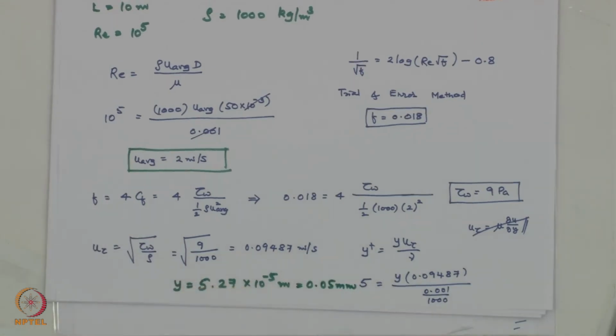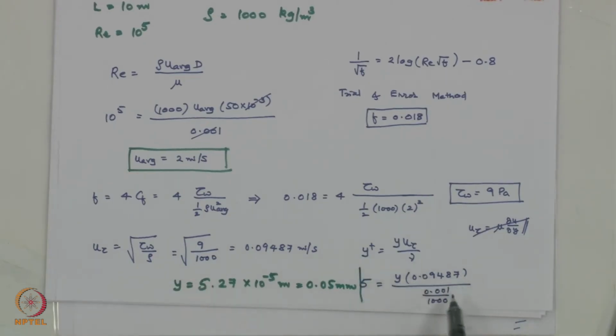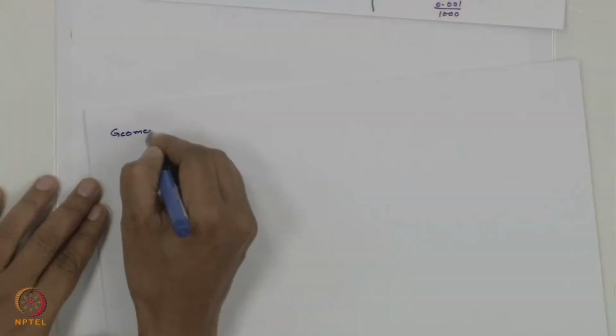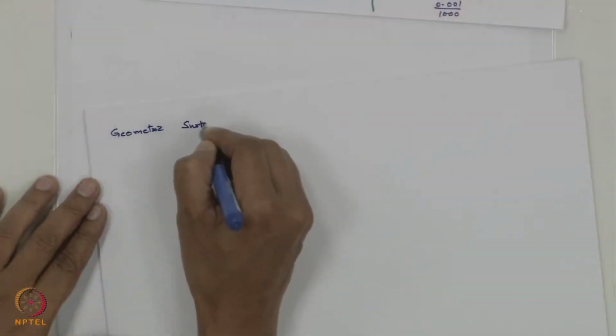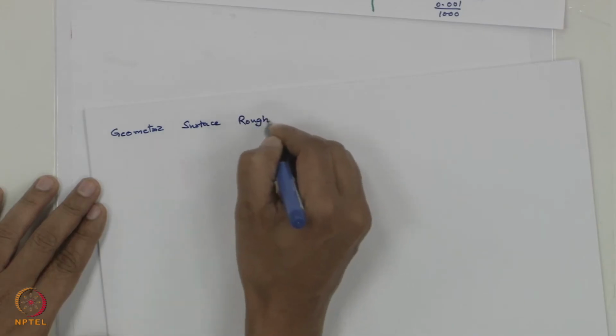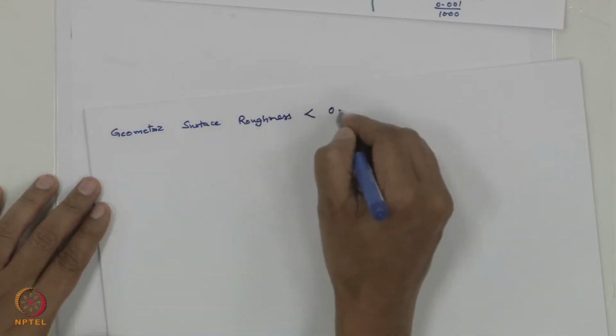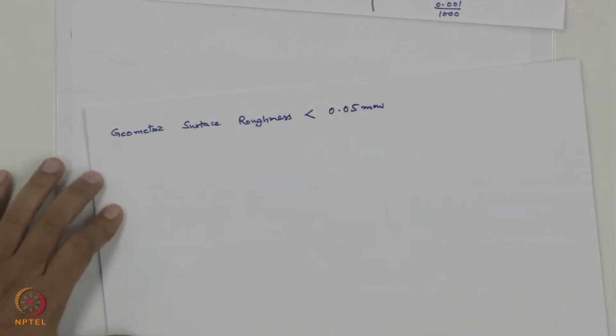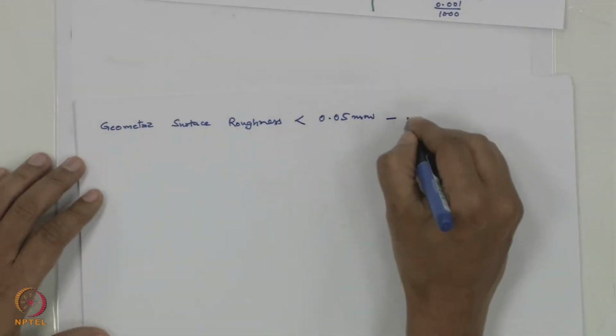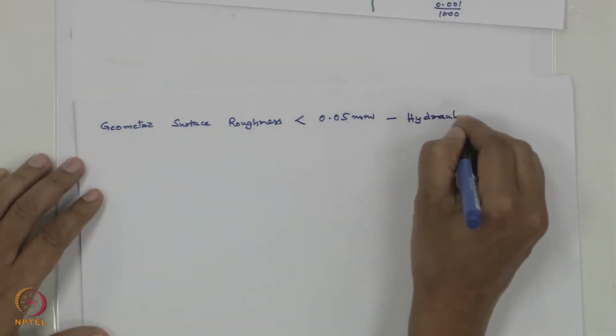You see, why did we do this? In spite of taking such a high value of U tau, you are getting a Y of 0.05. So what I mean here is, if my geometric surface roughness is less than 0.05 mm, we call this a hydraulically smooth pipe.